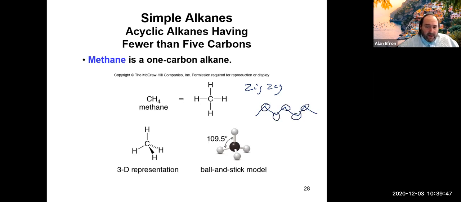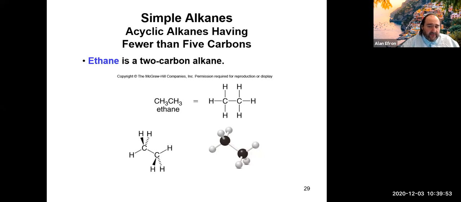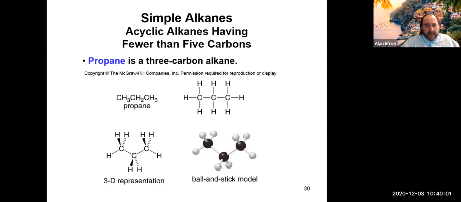And that's why they're very commonly drawn in that zigzag shape. Ethane is our 2 carbons and our 6 hydrogens that are attached there. Propane, 3 carbons and our 8 hydrogens. And again, you can start seeing that zigzag shape starting to form.